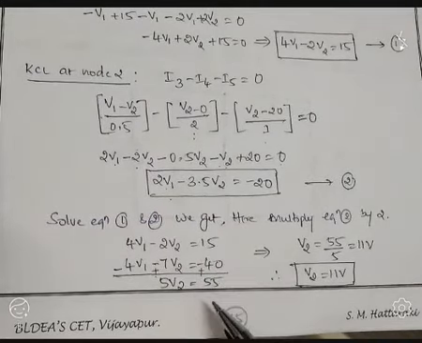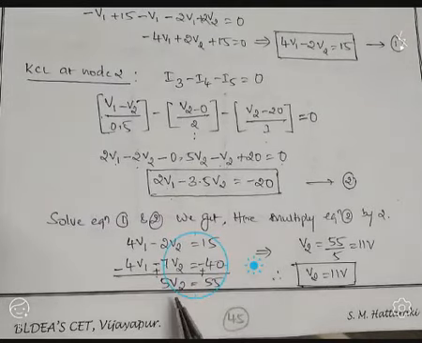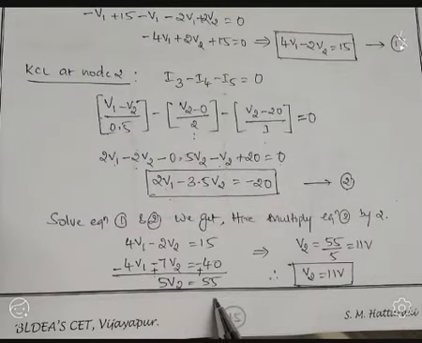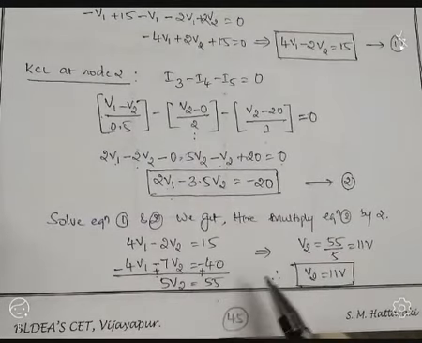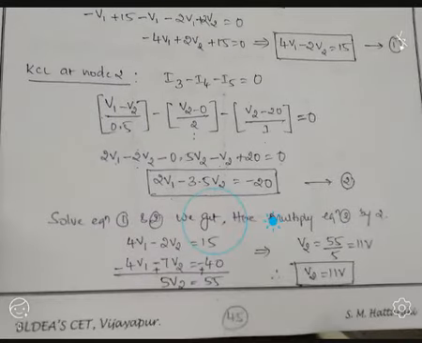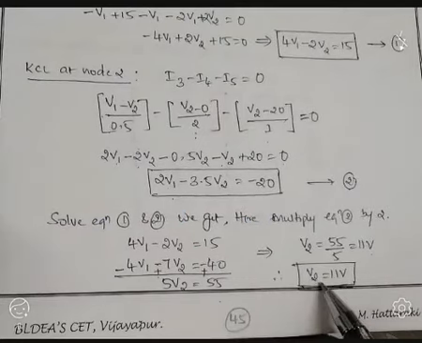Hence 5V2 is equal to 55. Taking 5 to the right side, V2 equals 55 divided by 5, that is 11 volts. Hence we got V2 equal to 11 volt.